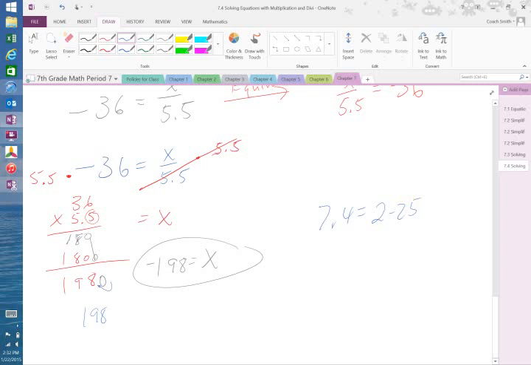Now hang on, 2 through 11 and 16 through 25. Okay, that is due tomorrow, obviously. Got about 8 minutes left.